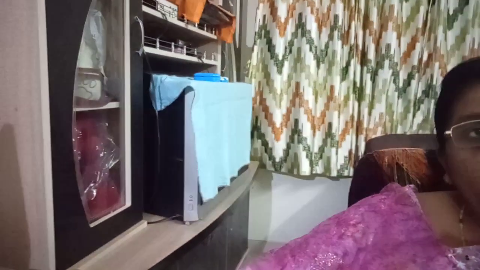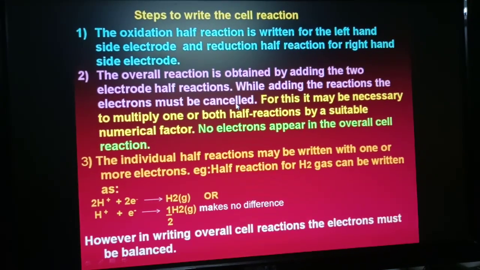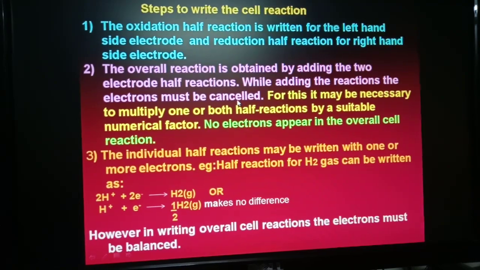Now the overall reaction can be written by adding the two electrode half reactions, that is, the sum of the oxidation half reaction and the reduction half reaction gives you the net cell reaction, also called the overall reaction. While adding these reactions, the electrons must be cancelled. Naturally, the electrons that are donated will be accepted by the other electrode.